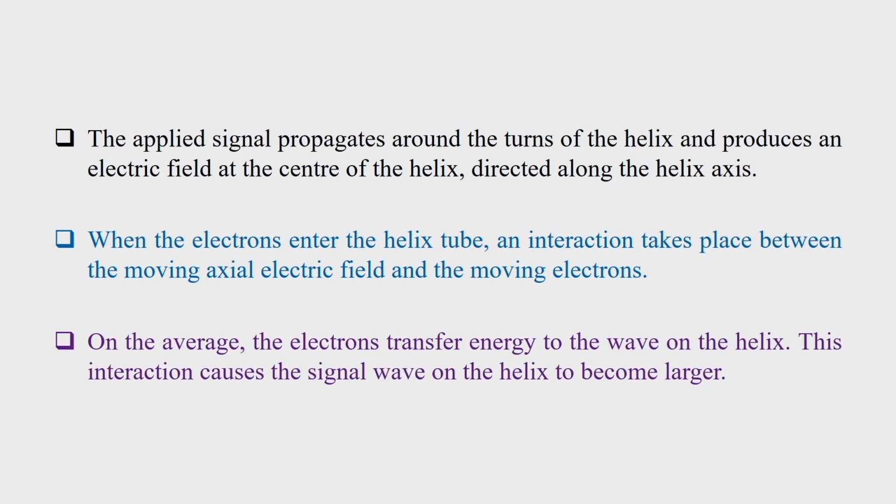On the average, the electrons transfer energy to the wave on the helix. This interaction causes the signal wave on the helix to become larger, and this is how we get amplification of the signal.